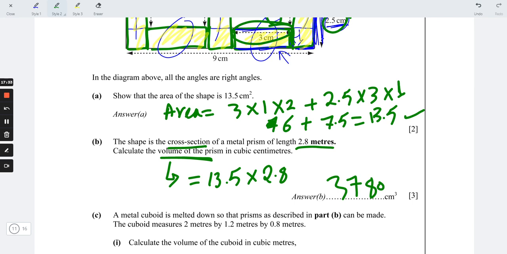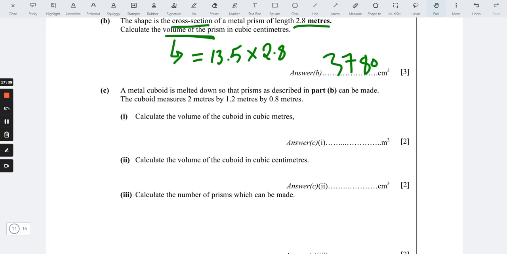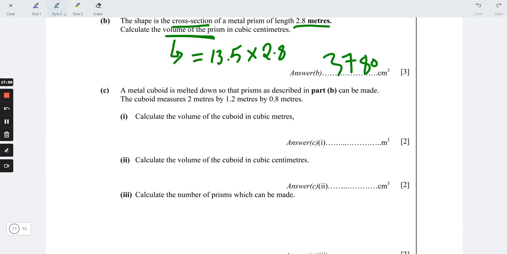Now, a metal cuboid is melted down so the prisms as described in part B can be made. The cuboid measures 2 meters by 1.2 meters by 0.8 meters. Calculate the volume of the cuboid in cubic meters. Calculating it in cubic meters is easy. It's 2 times 1.2 times 0.8.